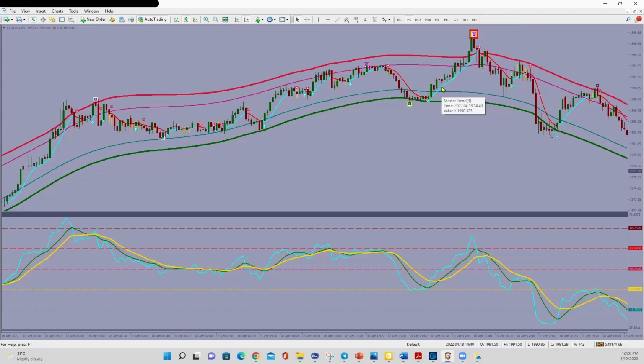So now how do we use all the 3 indicators? Let's go through the buy and sell conditions separately. For a buy, the following conditions must be satisfied. First, you would want to see the box appear outside the lower outer band of SK Trend, like in this case.